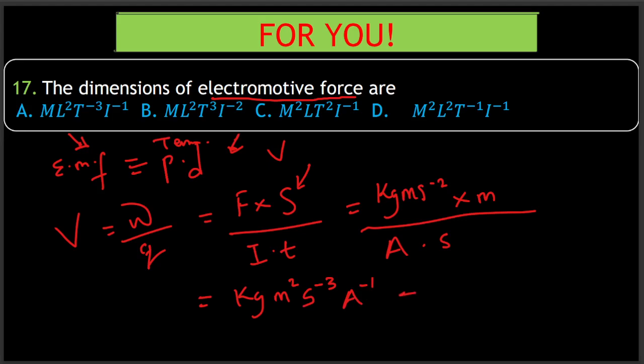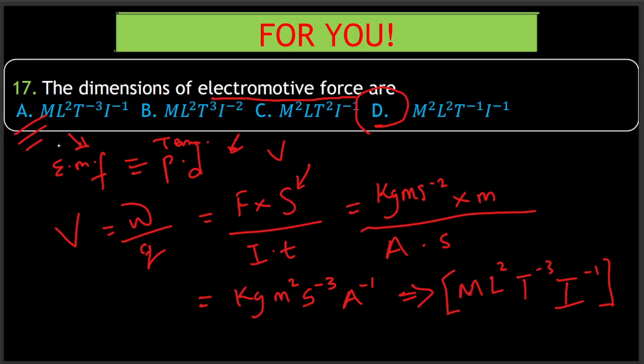So the dimension will now be: kg is capital M, L squared, T raised to power minus 3, and then the dimension for current can be either A or I. So I can change this to I. So which option is the correct option? It's A. A is the correct option, because this is 1, 2, minus 3, minus 1. So A is the correct option.